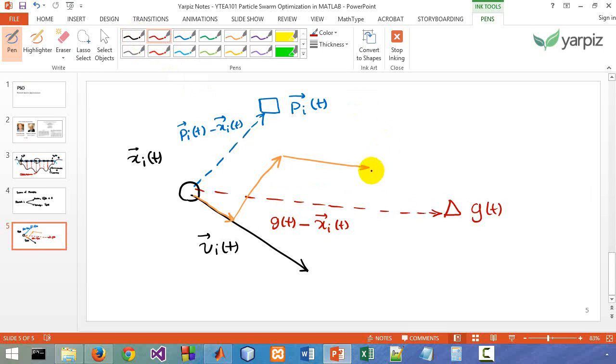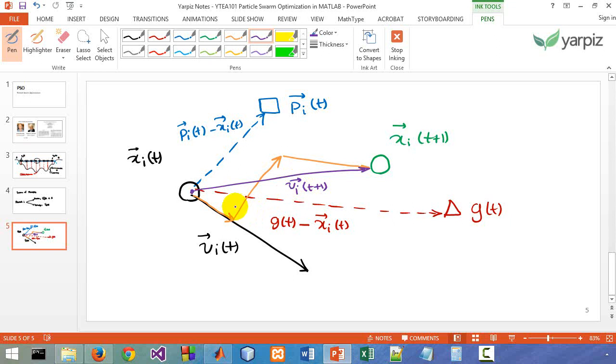And this is the new updated position, denoted by xit plus 1. The addition of these three vectors, from the beginning of the first vector to the end of the third vector, is its new velocity, vit plus 1.